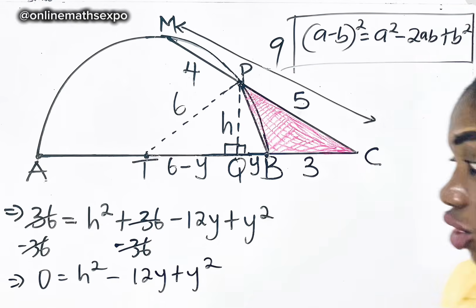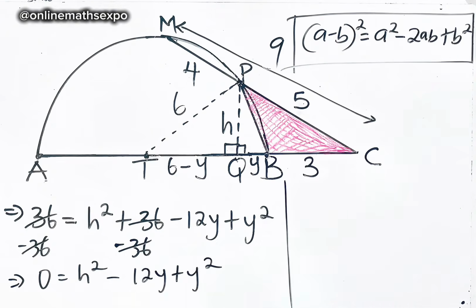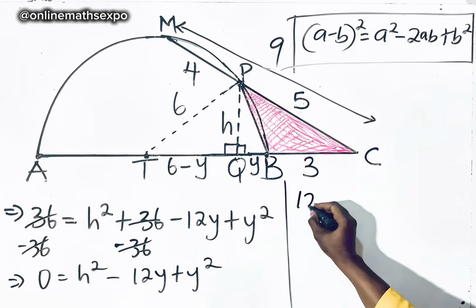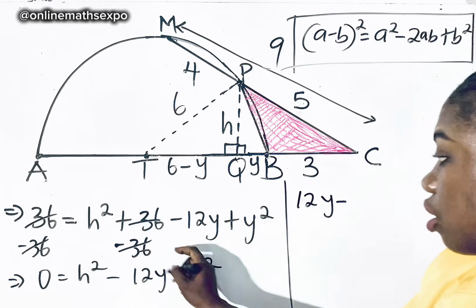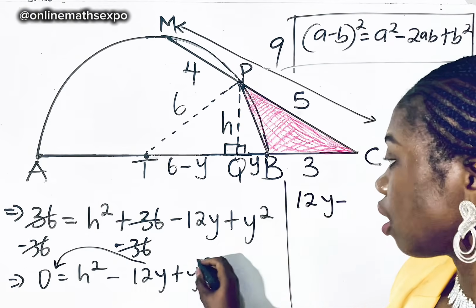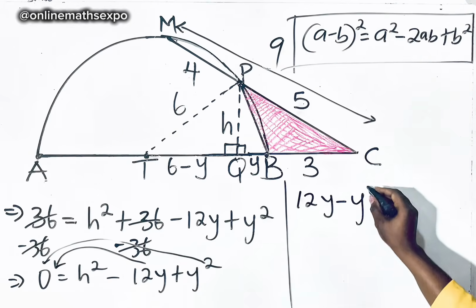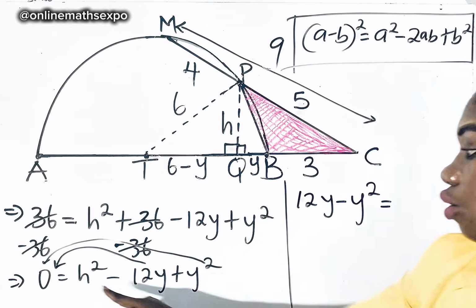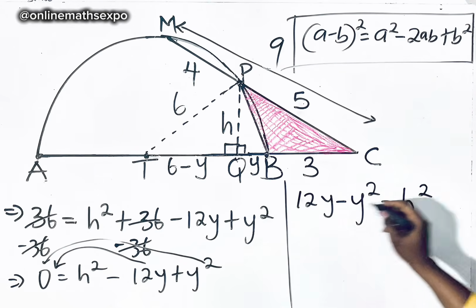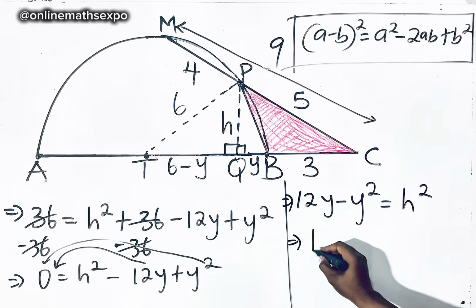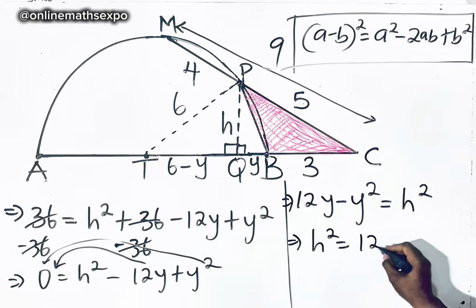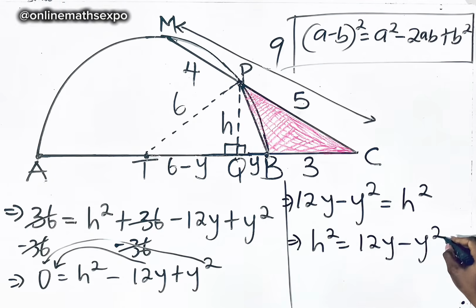To make h squared the subject, take this to the left side. So it's going to be 12y minus y squared is equal to h squared. It means that h squared is equal to 12y minus y squared.